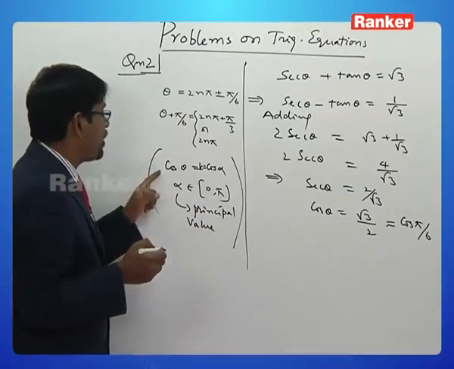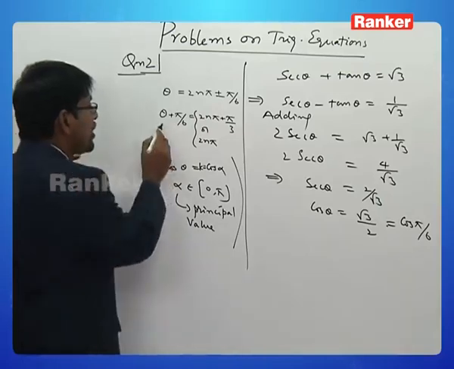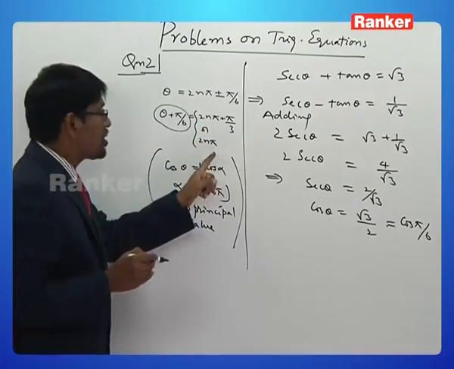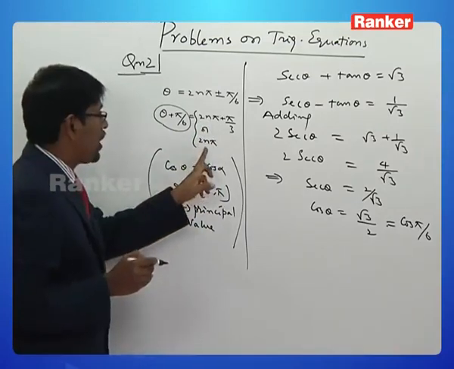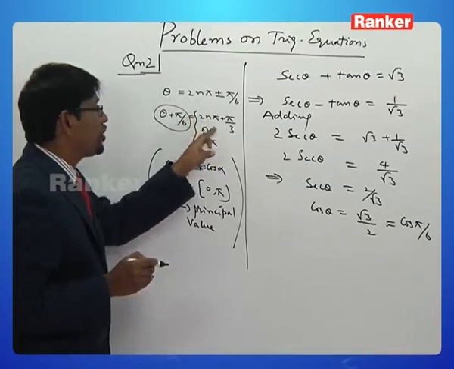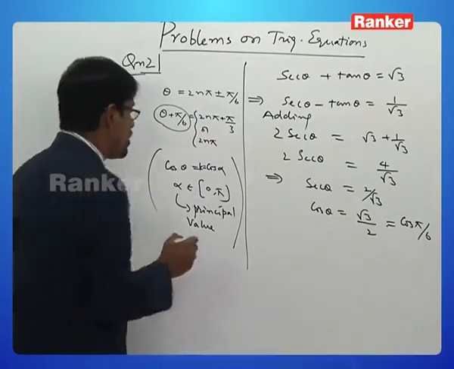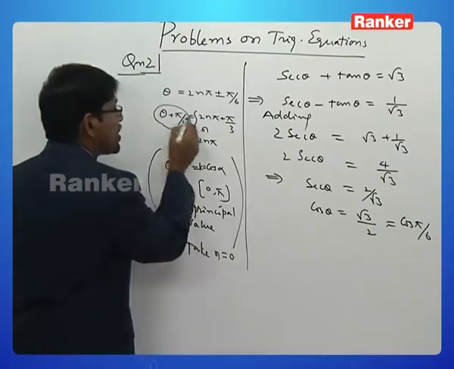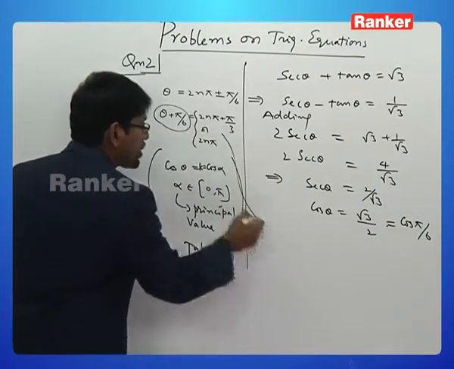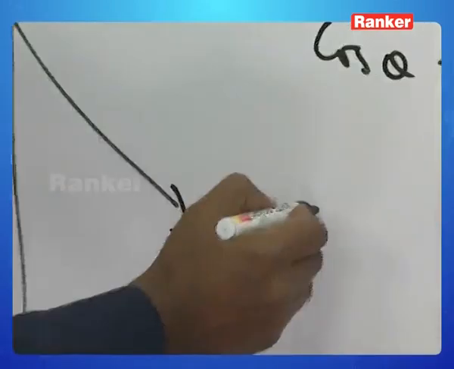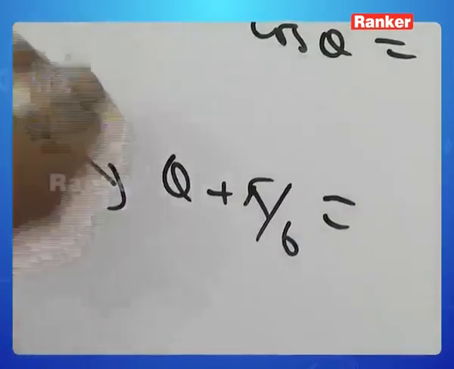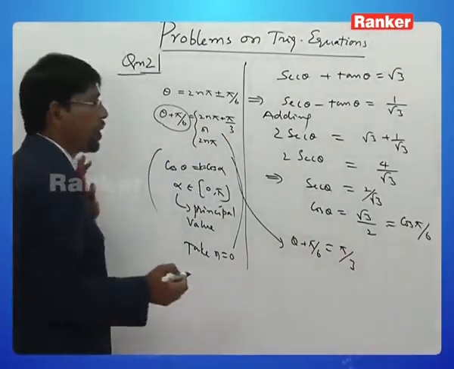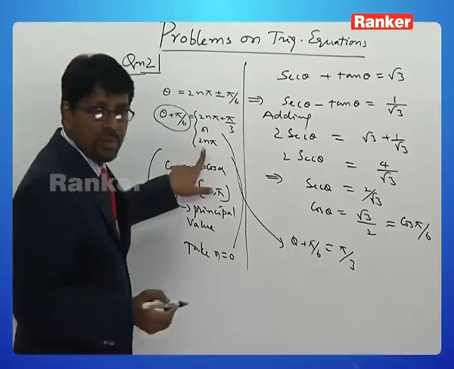Now what is that value? We are interested in the principal value. So for what value of n can you get a number between 0 to pi? If I give n equal to 0, I get a value to be pi by 3. So take n as 0 in this case, then we get theta plus pi by 6 to be equal to pi by 3.